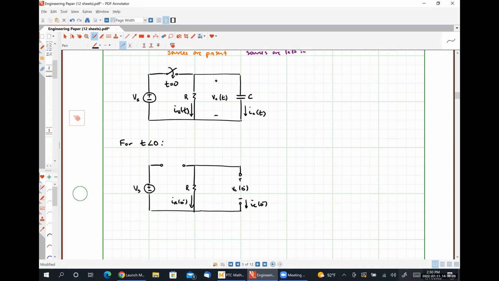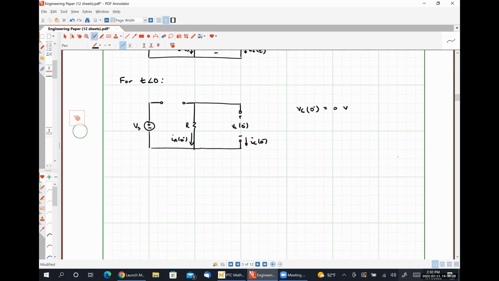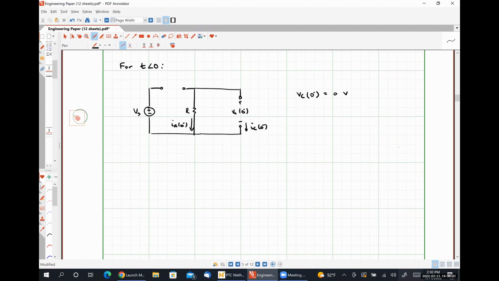So in this particular case, we can see by inspection that VC at 0 minus is equal to 0 volts. Then for 0 plus less than t less than infinity, this is during our transient condition.